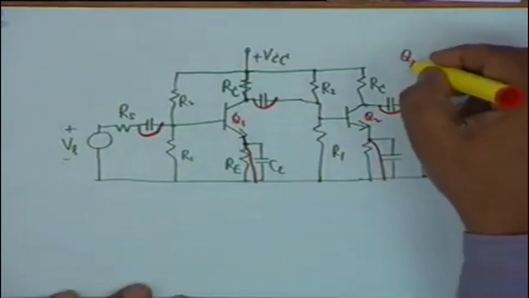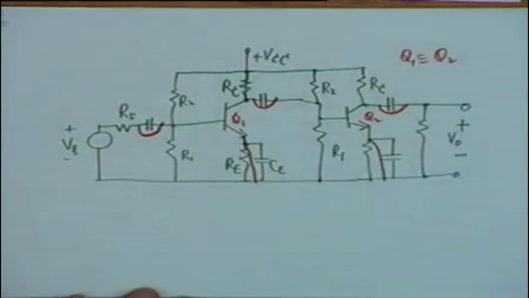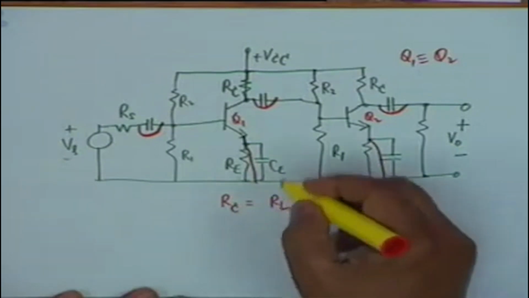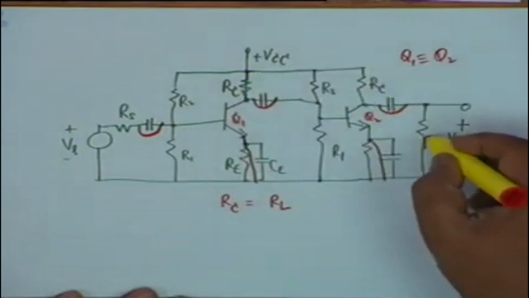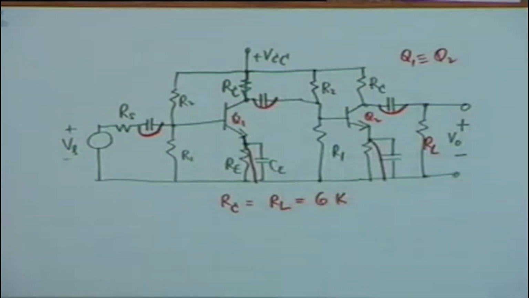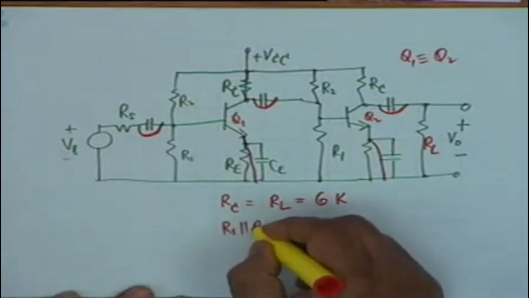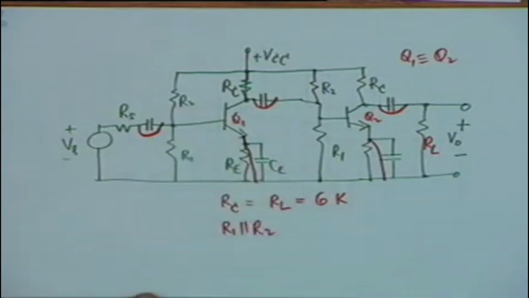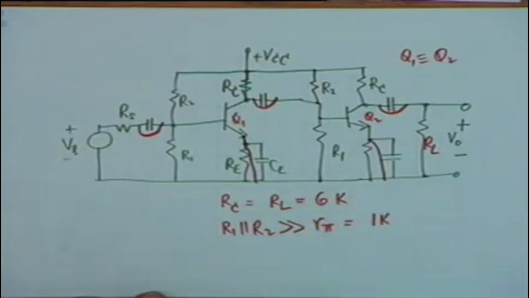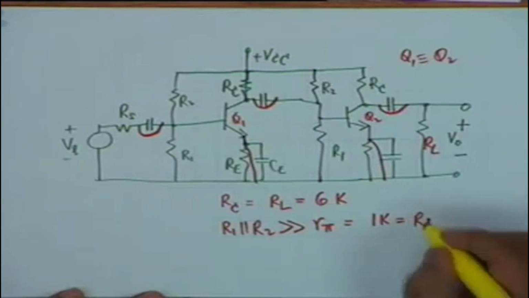Let us say that the two transistors are identical, Q1 is identical to Q2, and suppose R sub C is equal to R sub L, they are each 6K, all right. R1 parallel R2, that is RB, RB is so chosen that it is much greater than R pi, and R pi is 1K, which is also equal to Rs, all right.